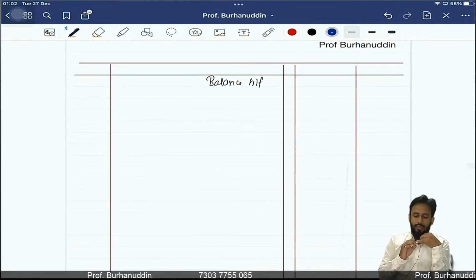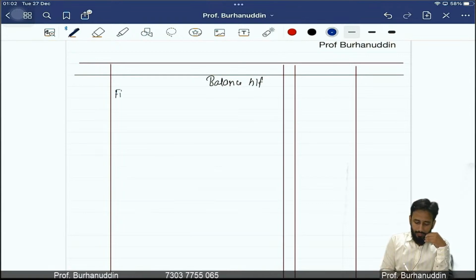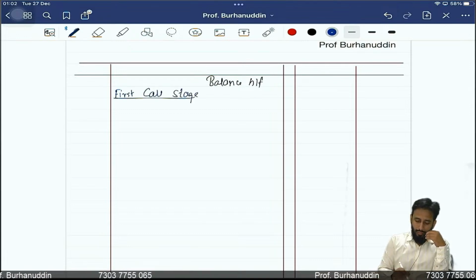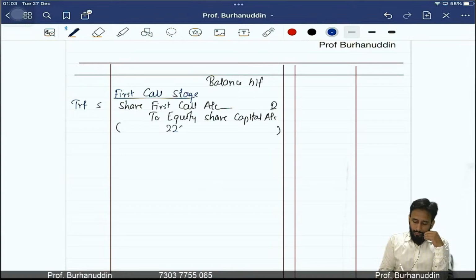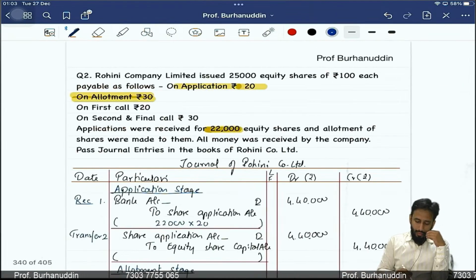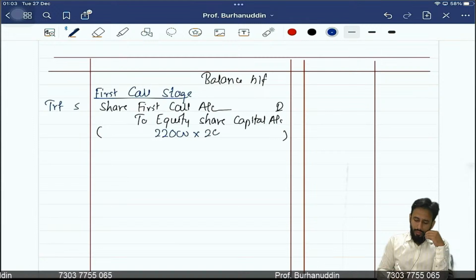Now coming to the third stage, that's my first call stage. First the transfer entry. So what will the entry be? Share first call account debit to equity share capital account, 20 rupees per share. So is it going to be 4,40,000 again?